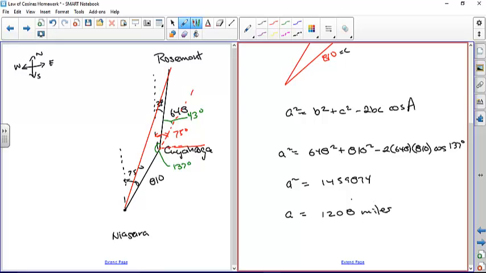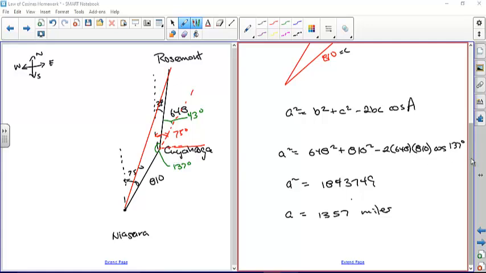Okay, so let's check the answer. Okay, I made a calculator error. So this should be 1,843,749. Take the square root, you get 1357. What I did was I did subtraction instead of multiplication.